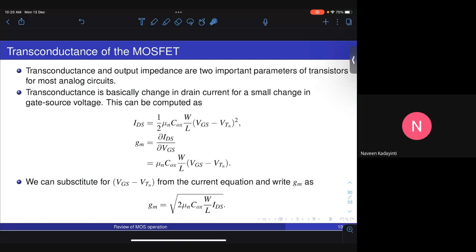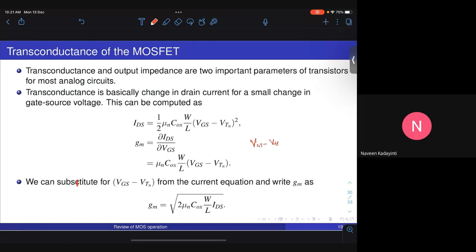Please ignore the small spelling mistake here. Now we can substitute for VGS minus VT from the current equation and write GM as the square root of 2 μn Cox W by L into IDS.